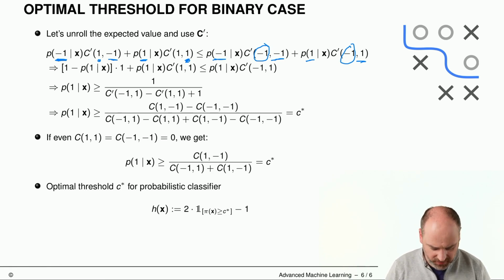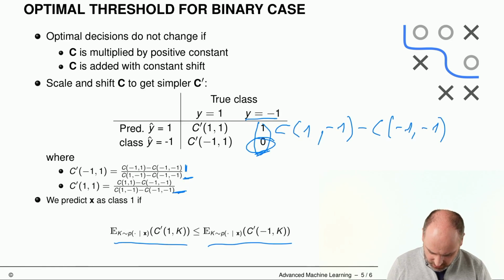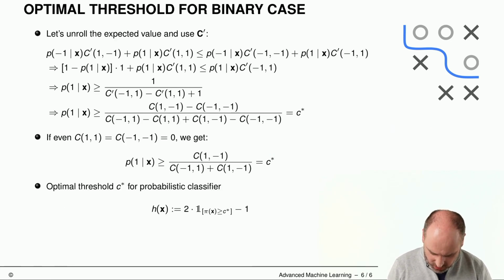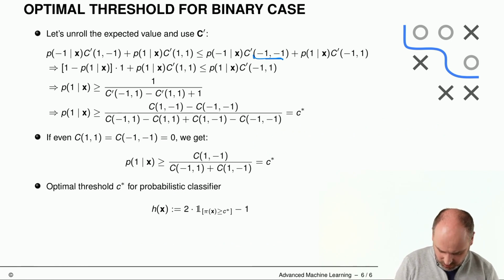First of all, I'm going to simplify this by removing a few of my notes. So we have now unrolled the expectation. The next thing we can do is figure out that this guy here, which was C minus 1, comma minus 1 in C dash, was 0, because of our transformation. So I can remove that.